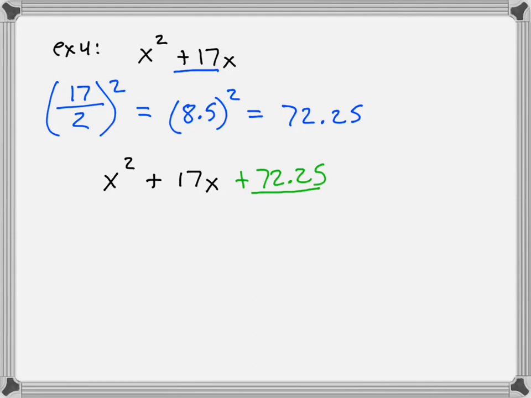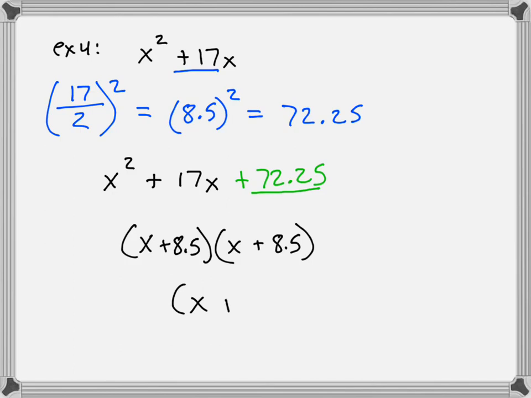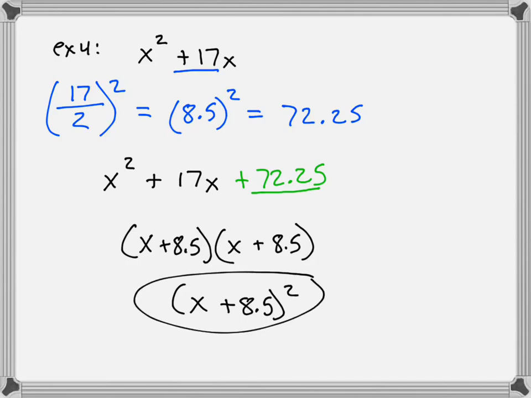We can now factor into an x plus 8.5 and an x plus 8.5, which we would simplify one step further to make it squared. So x plus 8.5 being squared would be our final answer.